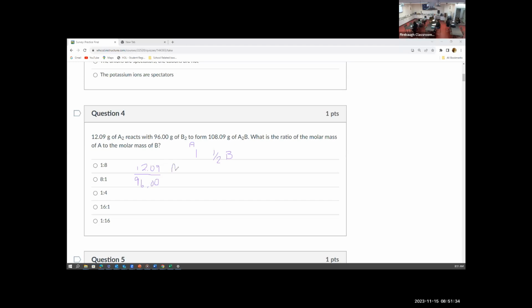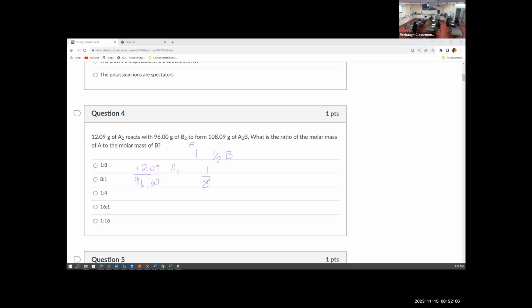From A, 0.12. Okay. You said 2.1259? Or, so, how many times does 12 go into 96? 8, okay? So, in other words, we have a 1 to 8 ratio, right?